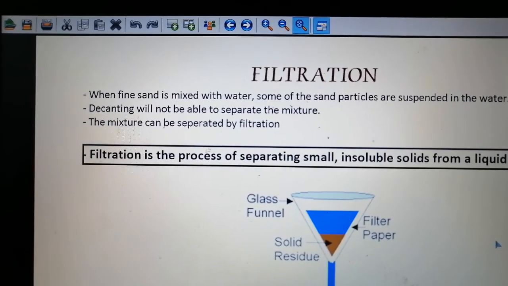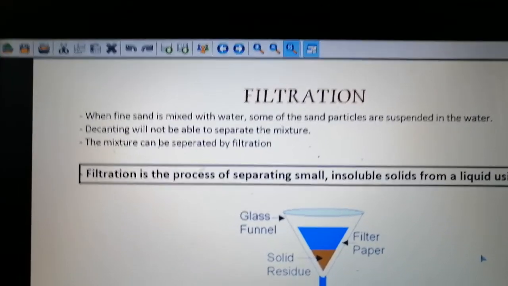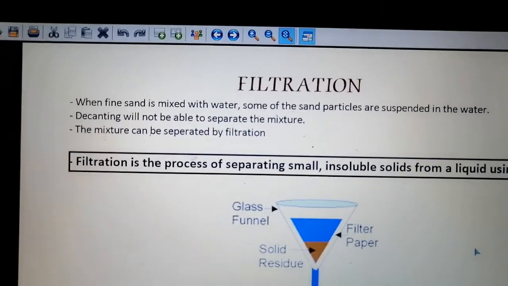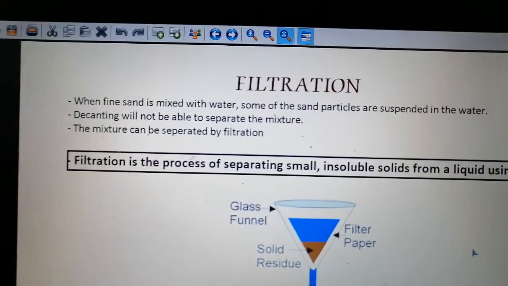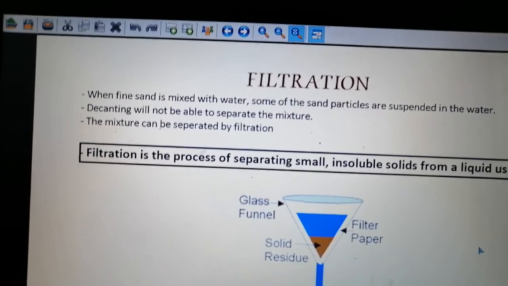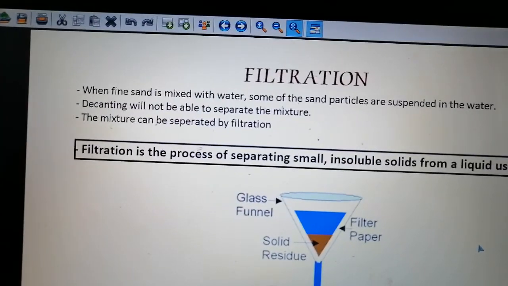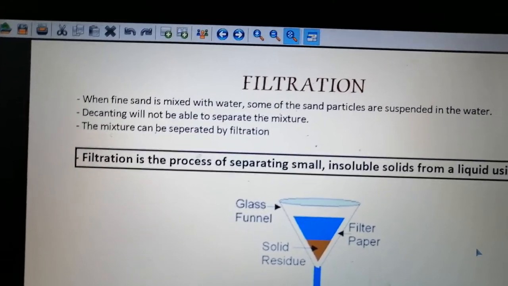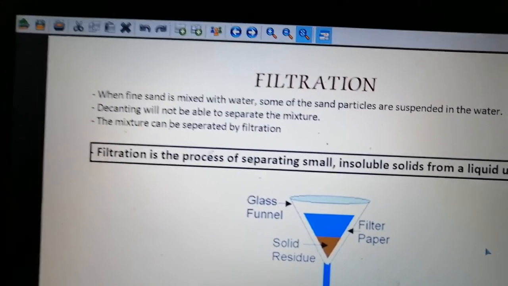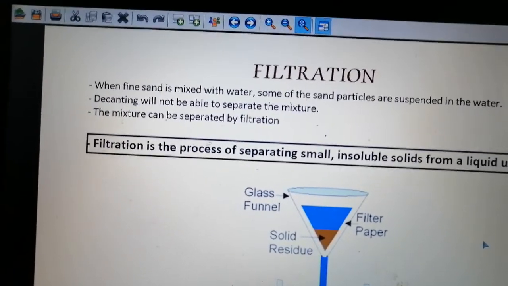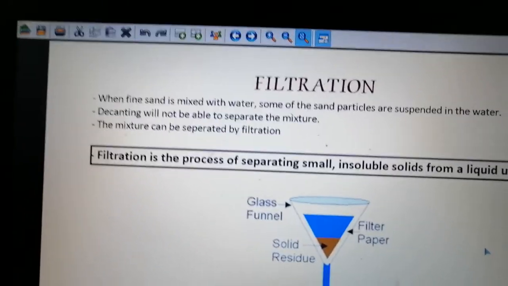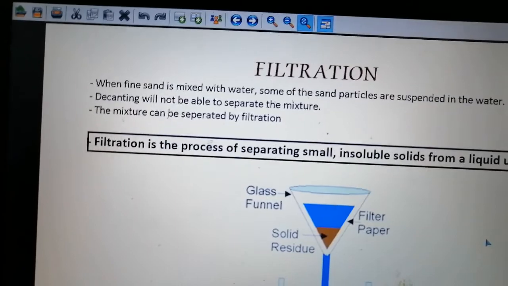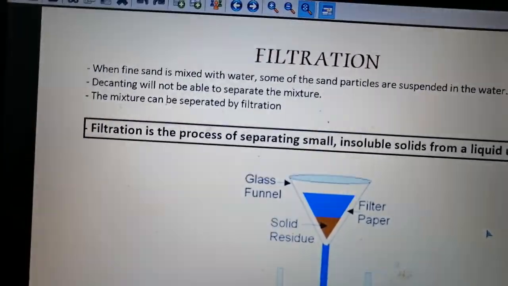Fine sand means the particles of the sand are quite small. You can use decanting to separate the water and the sand, but some of the sand can still follow the water, because it is fine sand, with particles smaller than other sand.